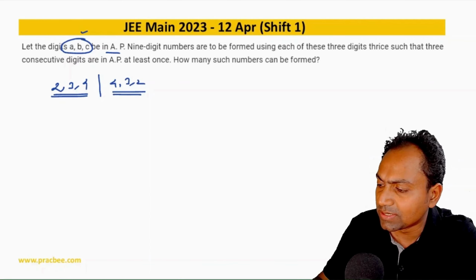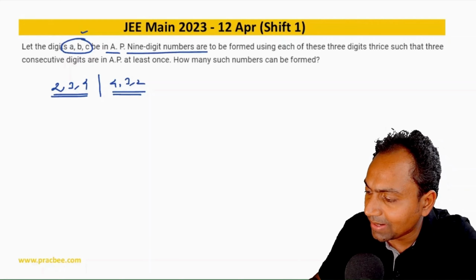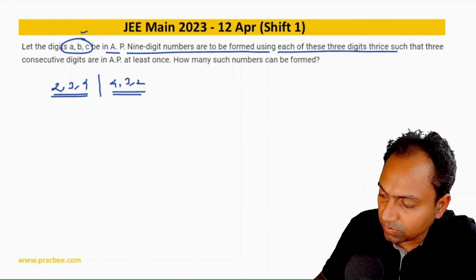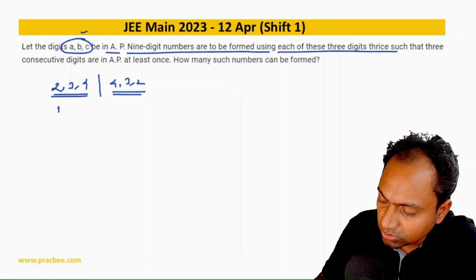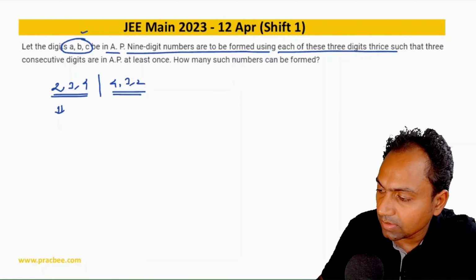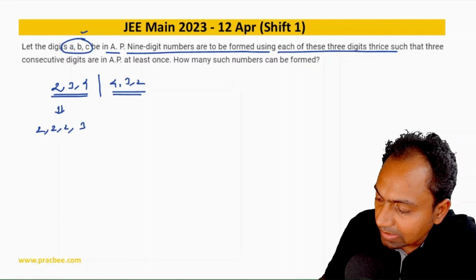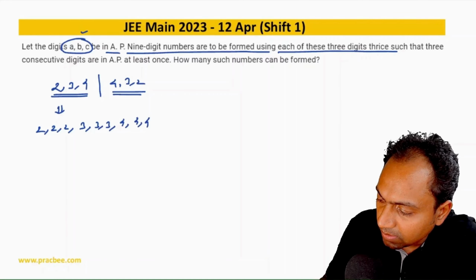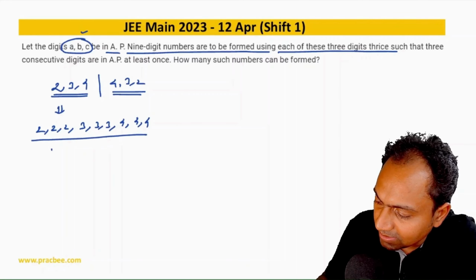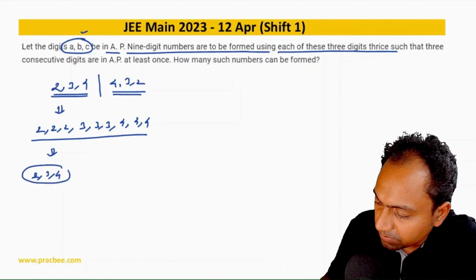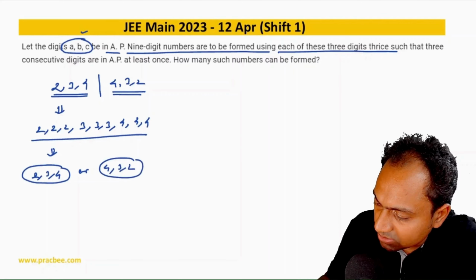Now what they're saying is we want to make a 9-digit number using each of these 3 digits thrice. So for example, if this is the choice of numbers that we have, we need to take 3 twos, 3 threes and 3 fours in order to make a 9-digit number. But the condition is that this combination of 2 3 4 or 4 3 2 should come at least once.